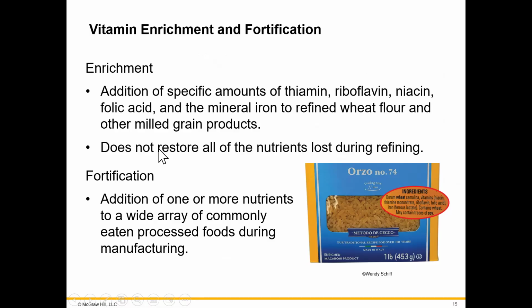So, good processes you see here on this example, enriched product. Enrichment is very, very, very common in wheat products, and fortification very common in milk products. All you have to do is walk down the dairy aisle at the grocery store and see fortified this and fortified that to help ensure appropriate vitamin intake.